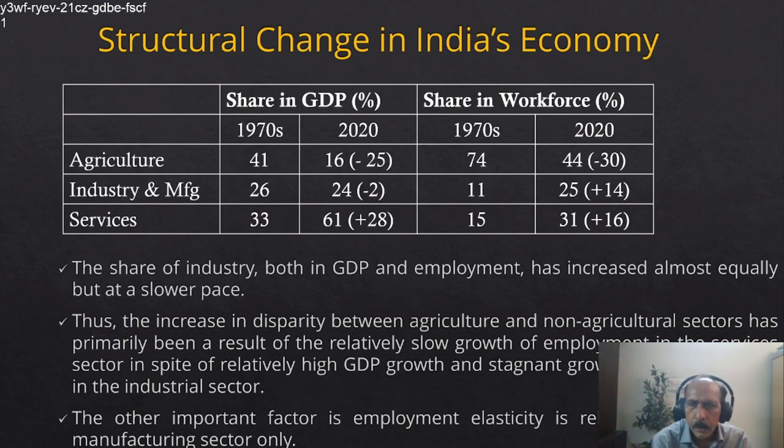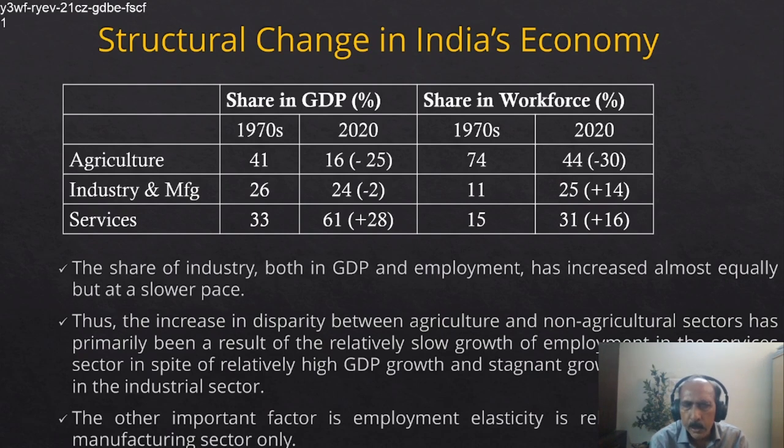But after the new economic reforms introduced in the economy, agriculture released workforce to be employed in the non-farm sector, and the share of agriculture in GDP also started declining. The share of agriculture in GDP significantly declined from 41% in the 70s to 16% in 2020, and it is around the same 16% even today.